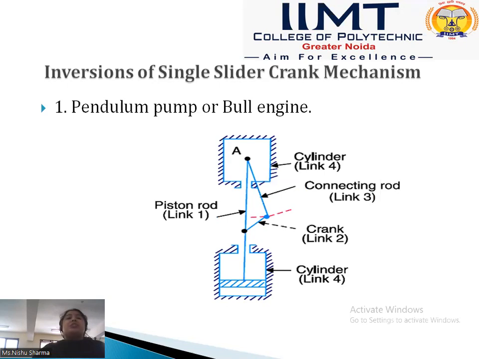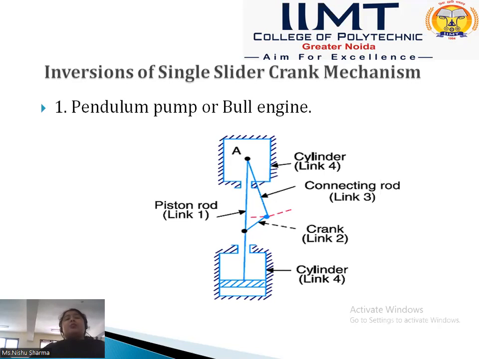And the fourth is the cylinder, link 4. It means in this diagram, link 4, the cylinder, is fixed. So that is one type of inversion, and this type of inversion is called the pendulum pump. Okay. So in this mechanism, rotary motion of the crank is converted into the reciprocating motion of the piston rod.